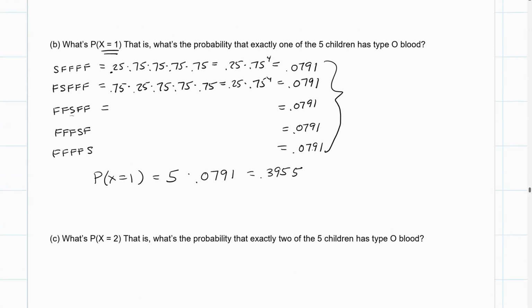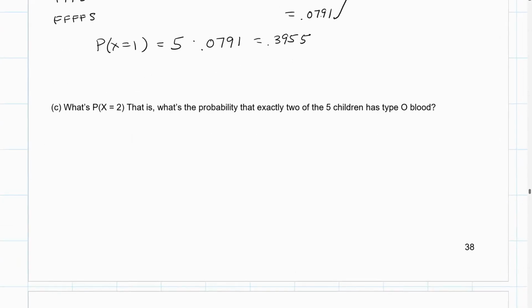Well, what about two successes? Well, this is going to be harder, isn't it? Because I might say two successes, I could get success, success, failure, failure, failure.